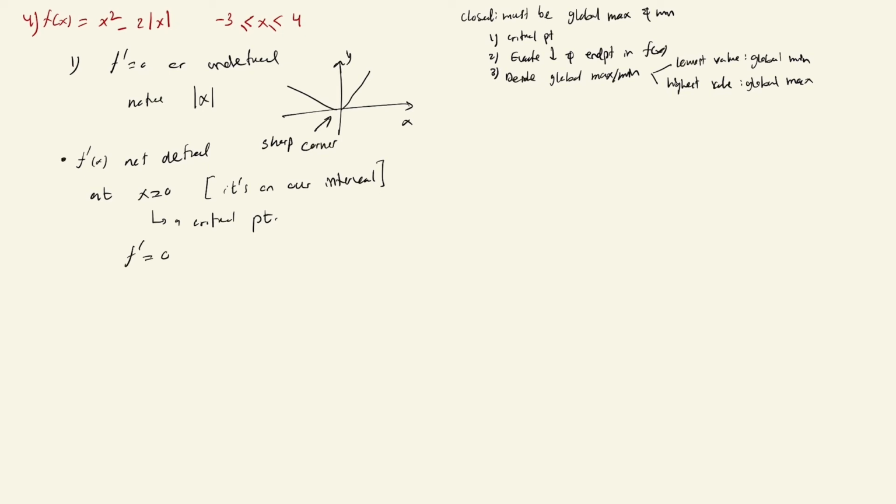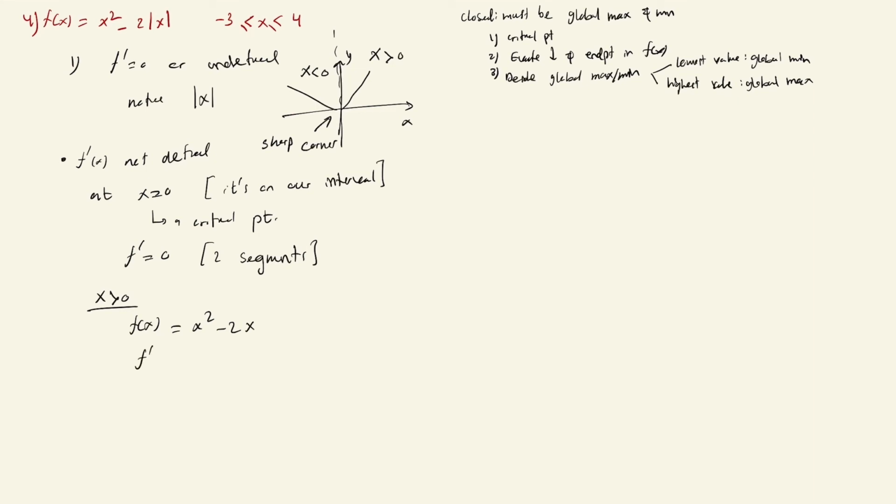Now, where is the first derivative 0? Here we have two cases, when x is larger than 0 and when x is less than 0. So in case x is larger than 0, f of x is going to be x squared minus 2x. Now let's take the derivative.